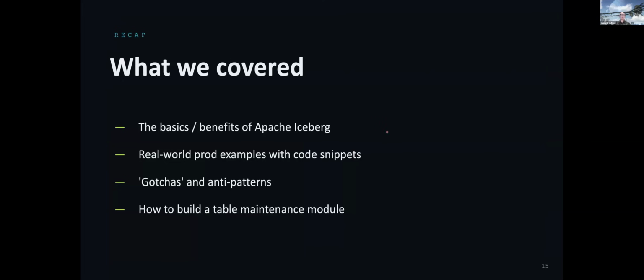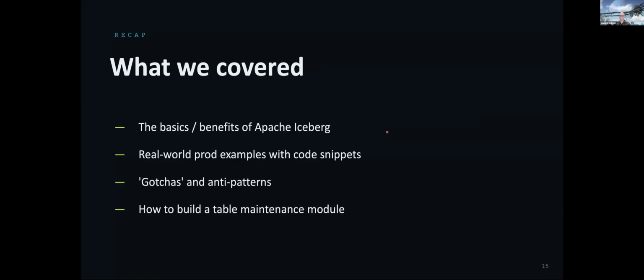Okay. And what we covered, we talked about the basics of Iceberg. What is Iceberg? Why would you want to use it? What are the benefits? We talked about real world production examples with code samples of Spark structured streaming pipelines from Iceberg to Iceberg, from Iceberg to Kafka, from Kafka to Iceberg.